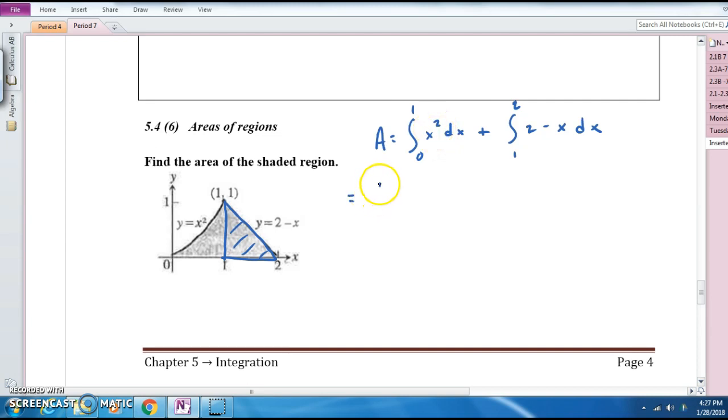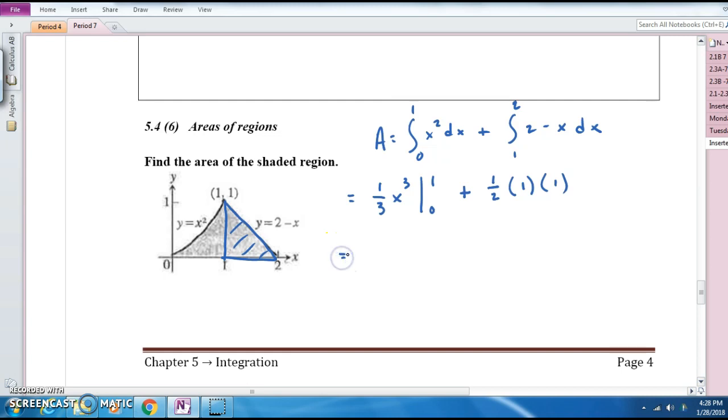So then it would be 1/3 x to the third, evaluated from 0 to 1, plus, let's just use geometry, 1/2 base, which is 1, times the height, which is also 1. So that's a half right there.